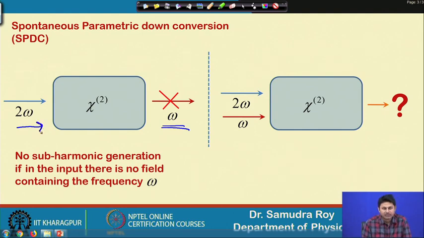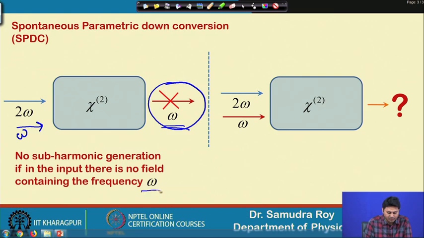The boundary condition suggests that even if I launch 2 omega, if there is no omega frequency at the input, that means no field containing omega frequency, then the subharmonic will never be generated. That means no subharmonic will be generated if in the input there is no field containing frequency omega, as written clearly here.